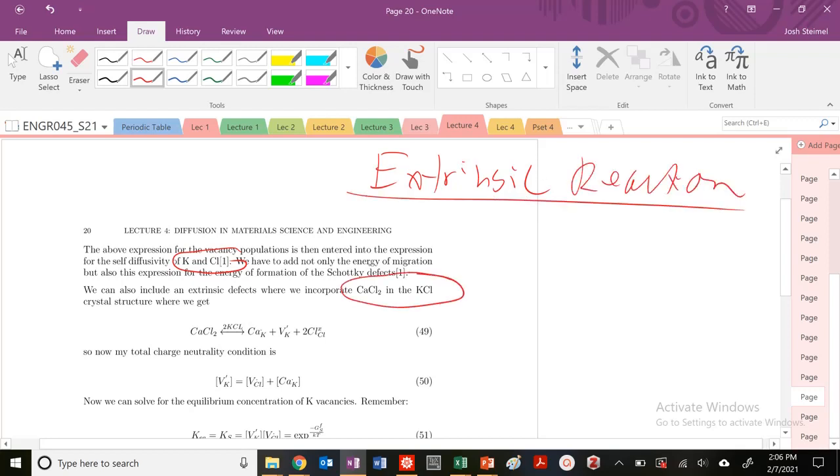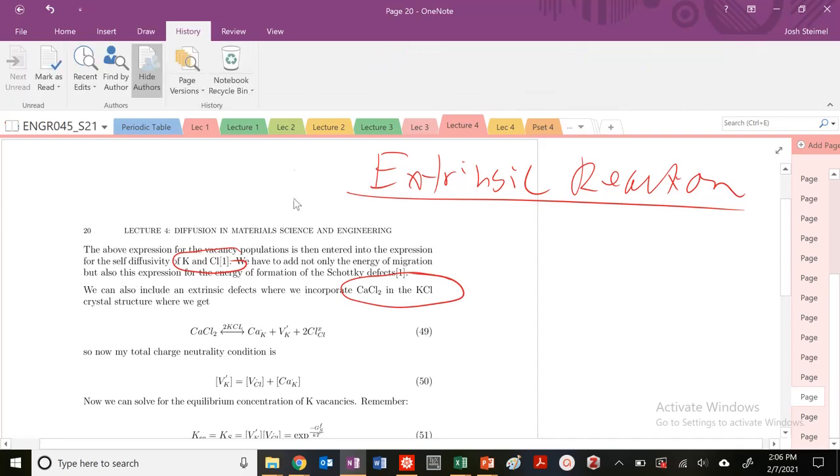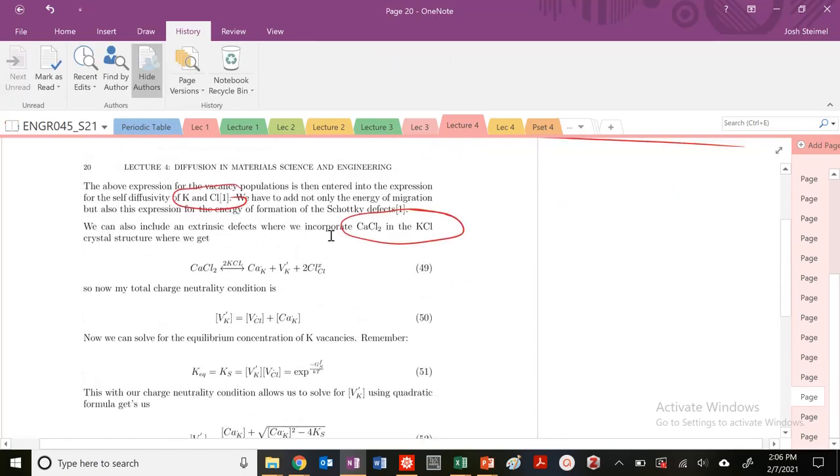Well, let's go ahead and look back at this. So if I have the following defect reaction, if I'm incorporating CaCl2 into KCl, I could write this substitutional reaction. So I've got my reaction. So again, the first step is to write the reaction. So the next step would be, again, what is the rate constant, right?